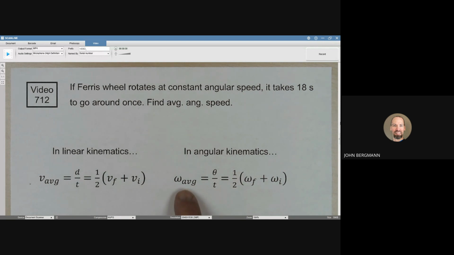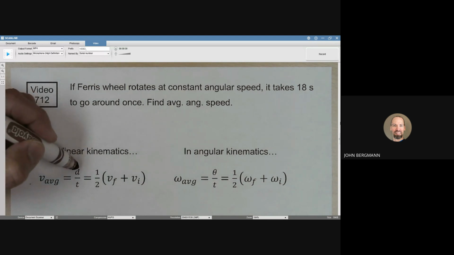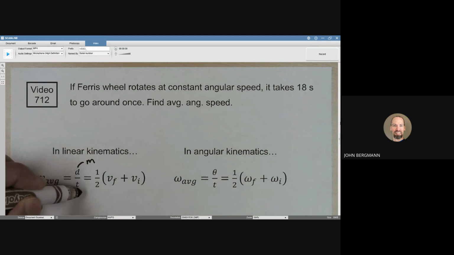Here we have angular average speed, angular displacement, angular final velocity, and angular initial velocity. You might remember that the unit for displacement was meters. The unit for time, of course, is seconds.